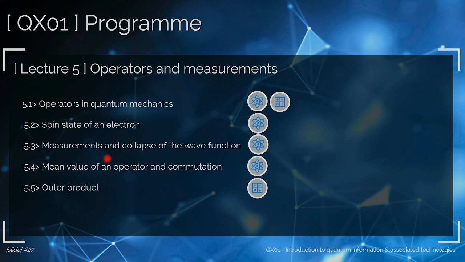And then I will talk about the notion of mean value of an operator, because operators are mathematical objects representing physical measurement. Say you want to measure the electric field somewhere, or the spin of the electron, so you make a measurement, and you can define a mean value. And also the very important notion of commutation.